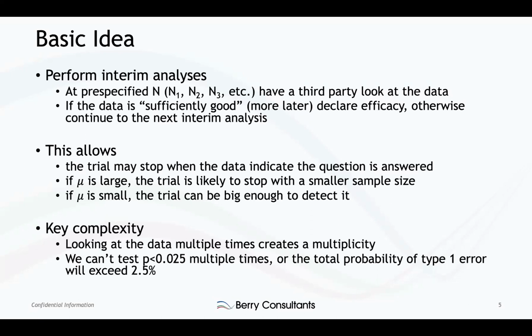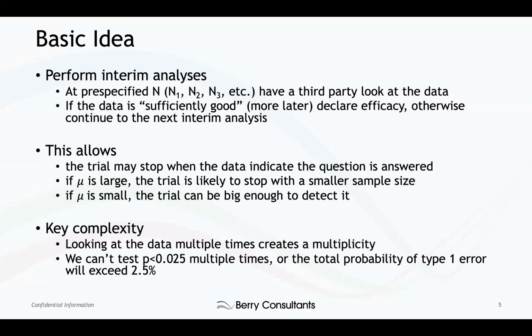If the data is sufficiently good at these interim analyses, we'll talk about that definition in a second, then we're going to declare efficacy. Otherwise, we're going to continue to the next interim analysis. So look at the data, stop, or continue to the next one. Then look at the data, stop, or continue to the next one, and so on. We would also put in a maximal sample size where this is just as high as we're going to go.